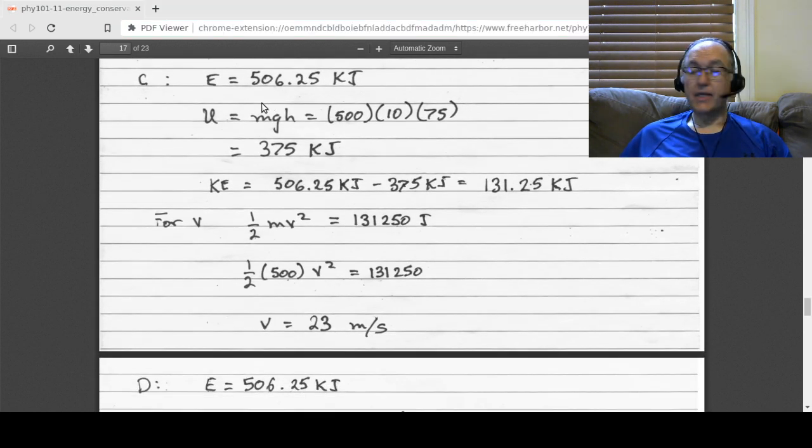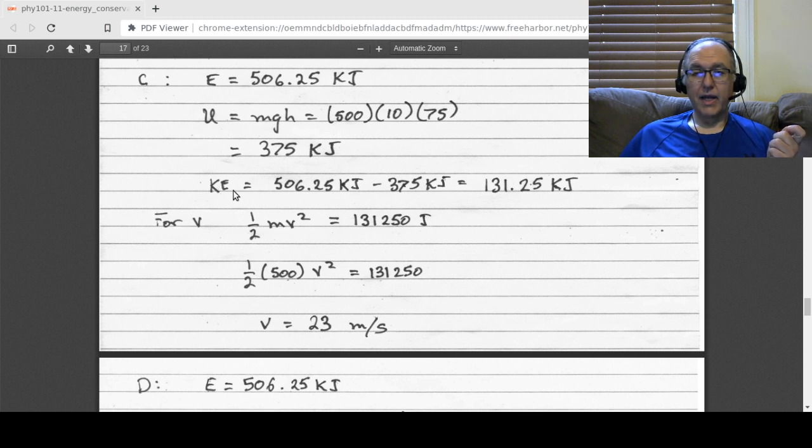What's the total energy at point C? Still the same. Okay, 506.25 kilojoules. I didn't give you enough information to calculate kinetic energy, but I did give you enough information to calculate the potential energy due to gravity. And so the potential energy due to gravity is mgh. Plug in all the numbers. It's the same as above, but it's 75 meters high now, and that gives you 375 kilojoules.